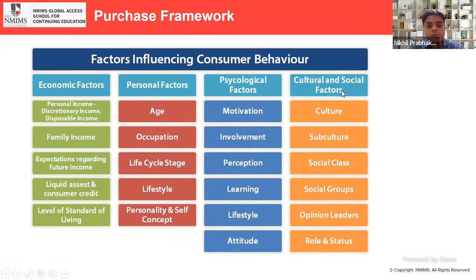There are also cultural and social factors. For example, when it comes to food, you will find that Indians are very particular. Different people have their different choices. Even the religion aspect comes into the picture when we are getting into decisions regarding purchasing food or related items. Same is the notion for buying residential properties, commercial properties, and so on and so forth.